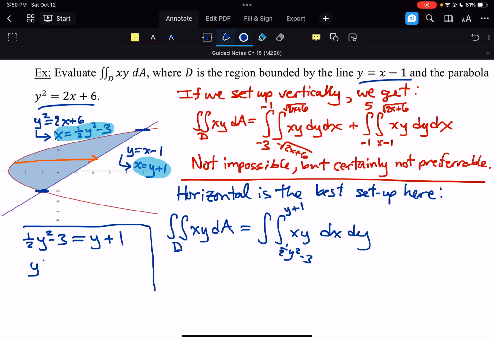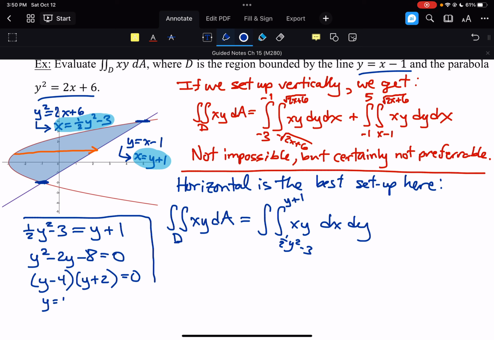I'm going to multiply everything by 2 to get rid of that 1/2. So that's minus 6, that's going to be minus 8. So y squared minus 2y minus 8. So we get y minus 4 and y plus 2. So y is 4 and negative 2. So y is going between negative 2 and 4.